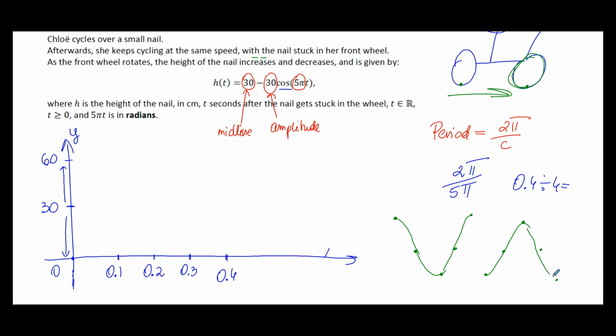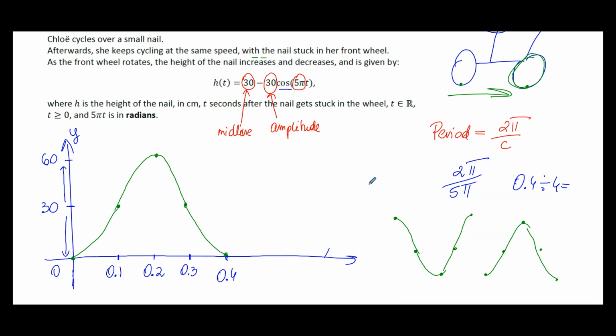Which makes sense here. How come? Because the nail starts at the bottom, at the 0 height, isn't it? So that's my first point. Then here, the middle, at the midline. Then the next point is the height. And then again, the middle, and then the bottom again. And that's how our graph will look. And it will keep on going.